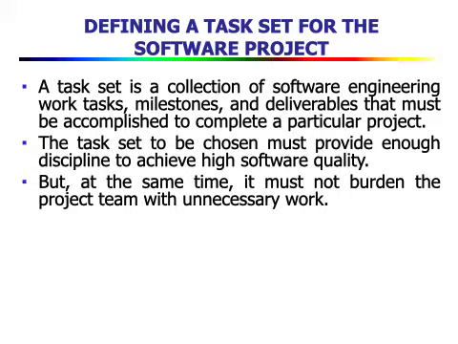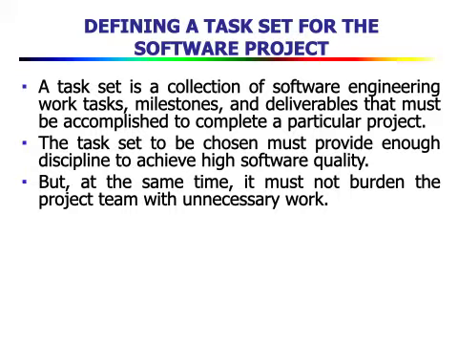So, an effective software process should define a collection of task sets, each designed to meet the needs of different types of projects. So, a task set is a collection of software engineering work tasks, milestones, and deliverables that must be accomplished to complete a particular project.